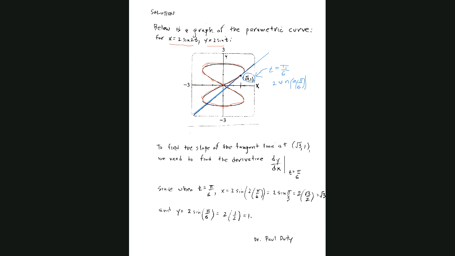What I'm trying to do is justify to you why the coordinate (√3, 1) is on our curve.